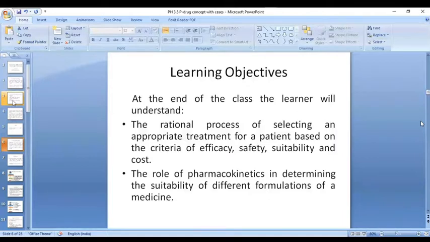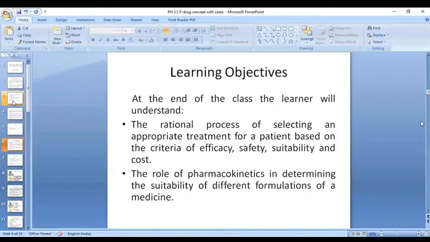So it's not just the mechanism, it's not just the safety, it is also the pharmacokinetics. For example, in diabetes mellitus, we know insulin is the best drug, because diabetes is due to deficiency of insulin, but it is not the most suitable drug to be used, because it is difficult to administer, the patient feels pain, or the patient is not comfortable with it.